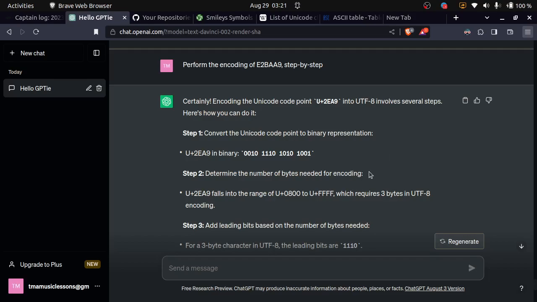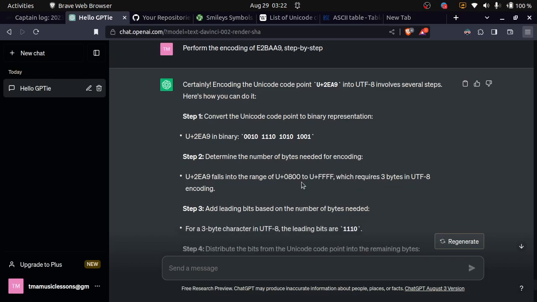Step two, determine the number of bytes needed for encoding. They said it falls in the range of 0800 to FFFF, which requires 3 bytes in UTF-8 encoding.